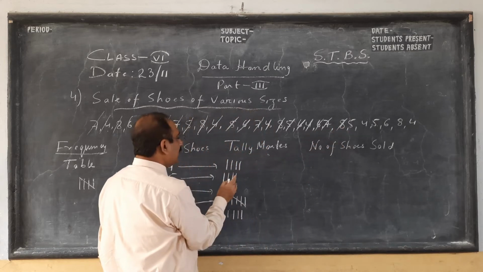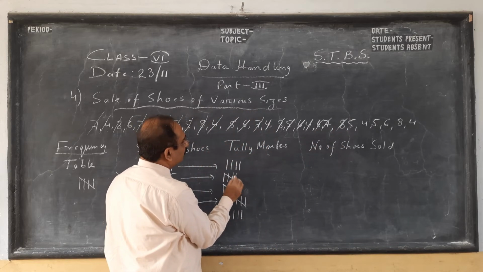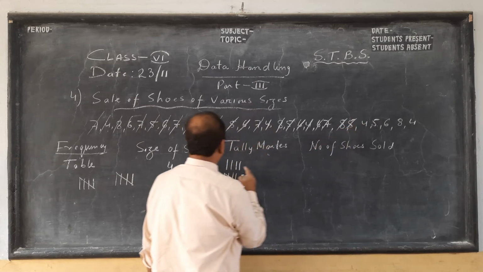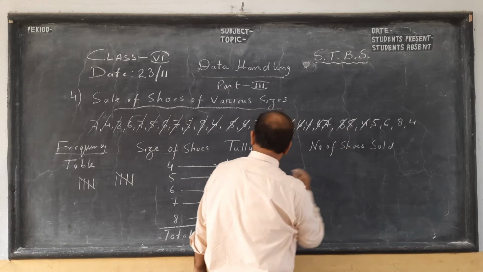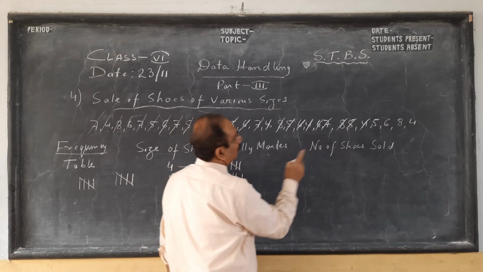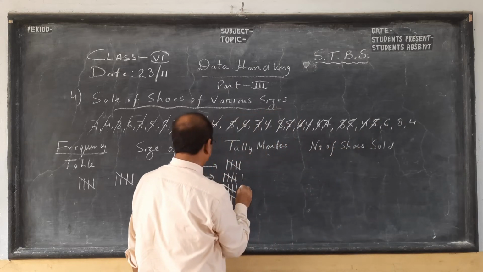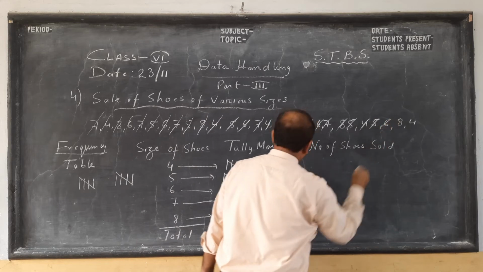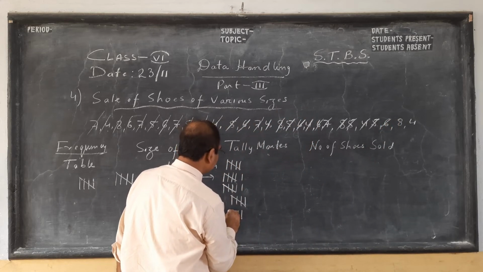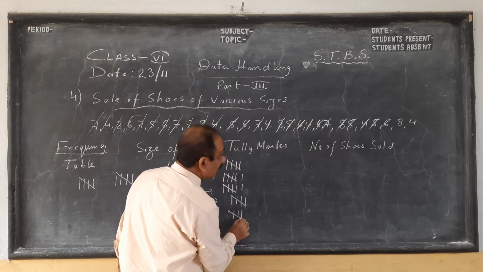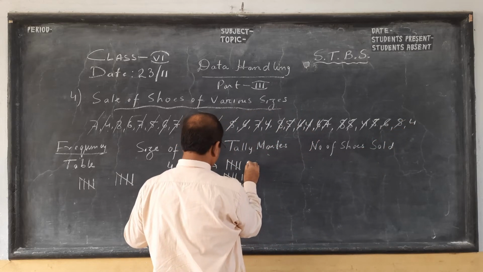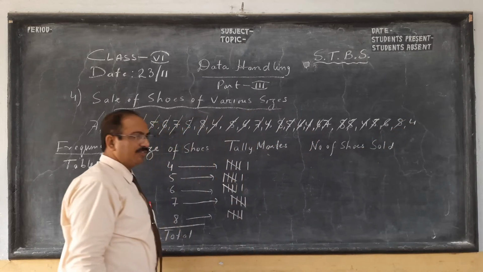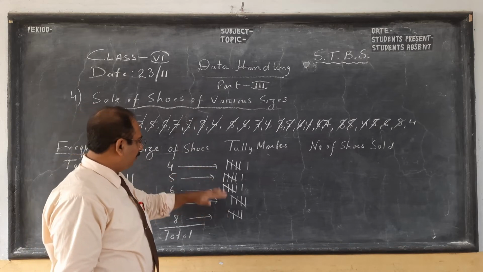Then 5, same thing with 5, this is the fifth one. 4, again same thing with 4, fifth one. 5, 6, 8, 8. Fifth one goes like this. Then 4. So finally what we see, children, we have this.